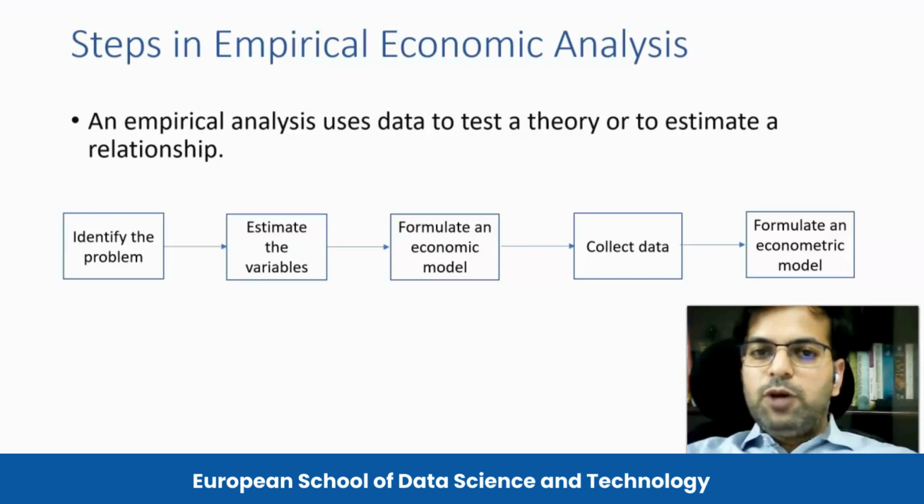The next step is estimating the variables. The next step after you narrow down on the useful variables is to formulate your economic model. This economic model will tell you the output variable that you want to test and the input variables which will help you define the relationship with your output variable.